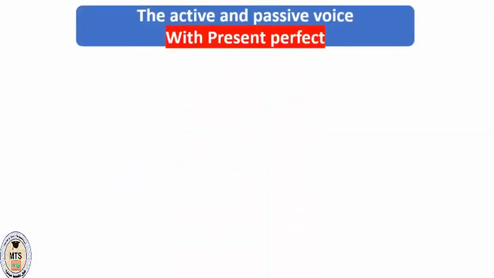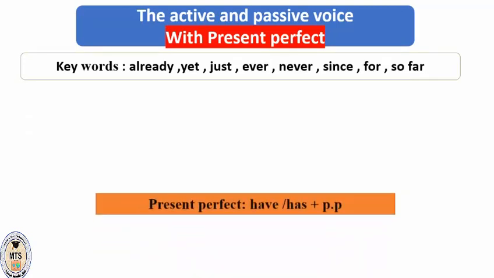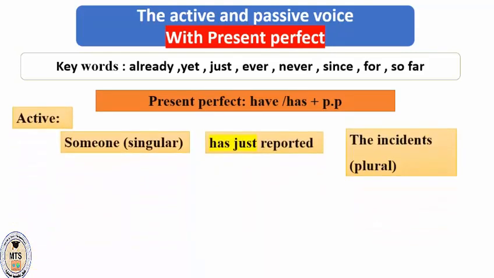Now with the present perfect, the key words already, yet, just, ever, never, since, for, so far. The present perfect formation, have or has plus past participle. For example, someone has just reported the incidents.